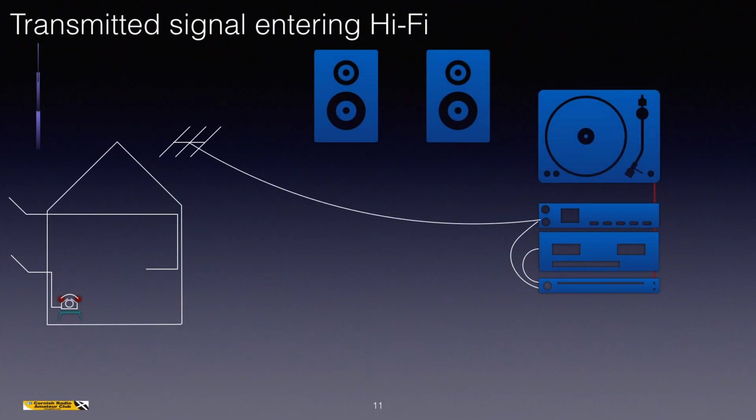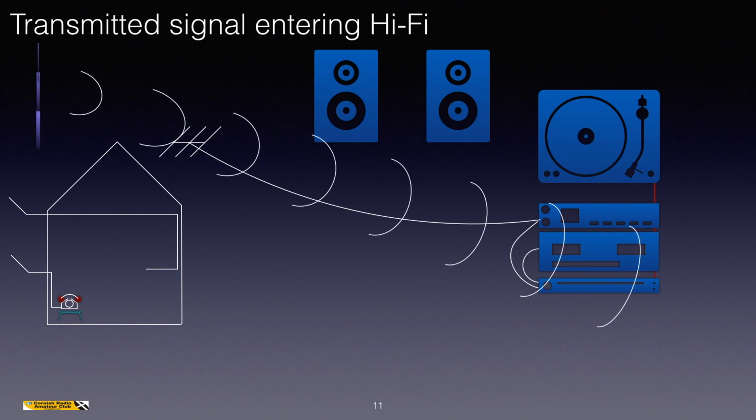Now let's have a look at the amateur radio situation. Here we have an amateur radio, and in the top left we have a transmitting antenna. And that transmitting antenna is putting a very high level RF field down across the hi-fi. And some of that RF is managing to break into the electronics there because of its level.